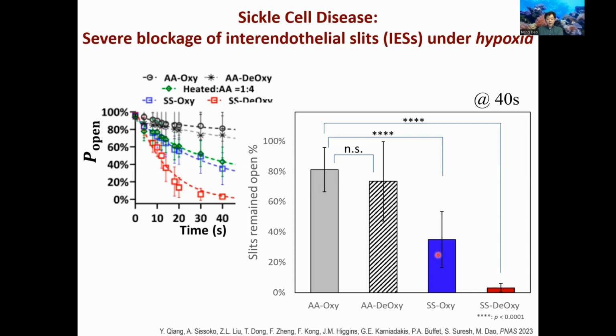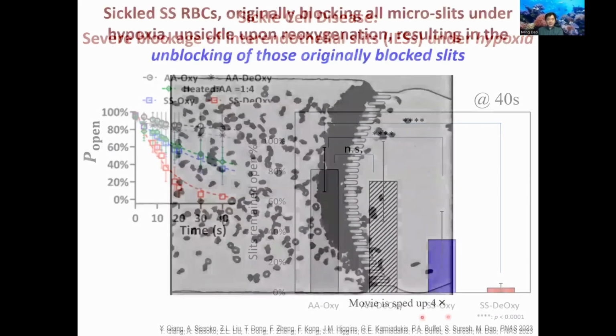However, compared to sickle cells under oxygenated condition, there's a difference. There's a much bigger difference if you have sickle cells under hypoxia. Actually, the number of open slits is almost zero at 40 seconds. So this is the difference under different conditions.